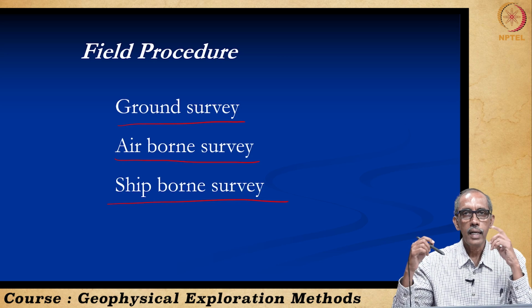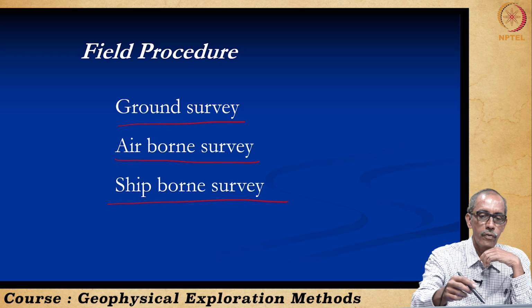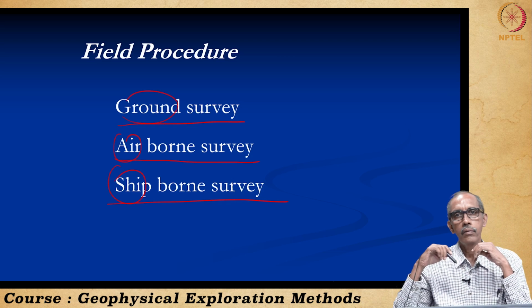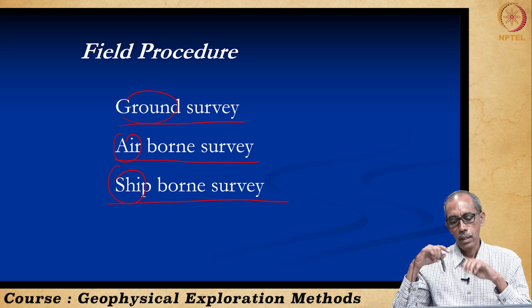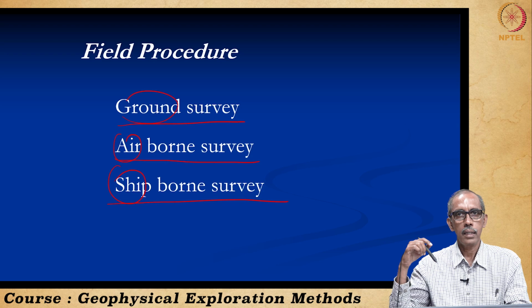Previously, we had seen electrical methods. Electrical methods can be carried out only on land. Only gravity and magnetic methods can be carried out from land, from air as well as on water, from a ship. That is the greatest advantage of magnetic methods.